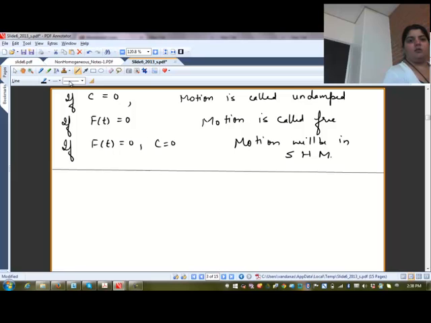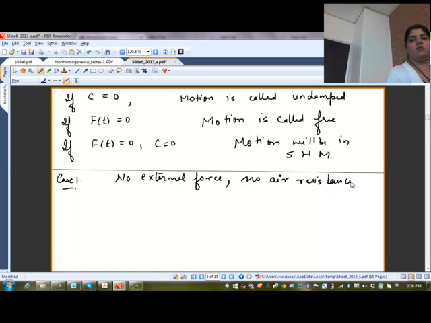So case 1: no external force, no air resistance. How will displacement change? We have this differential equation, y double prime of t plus k over m, right?